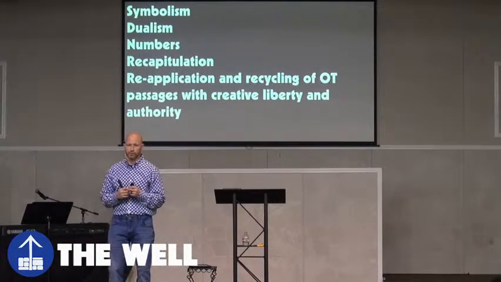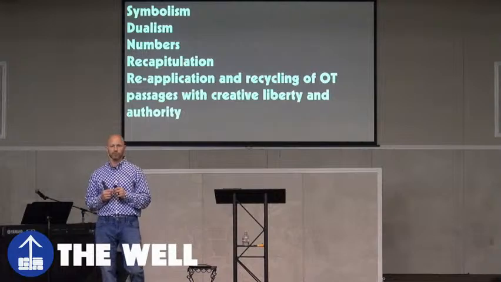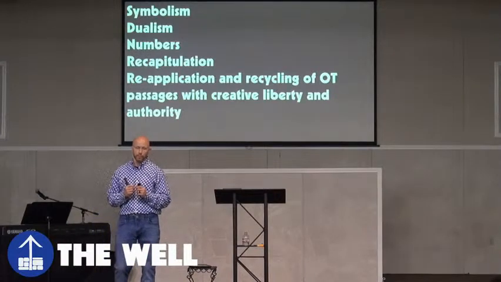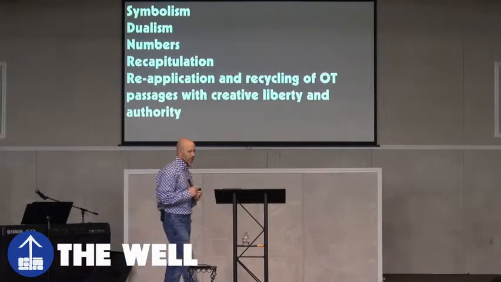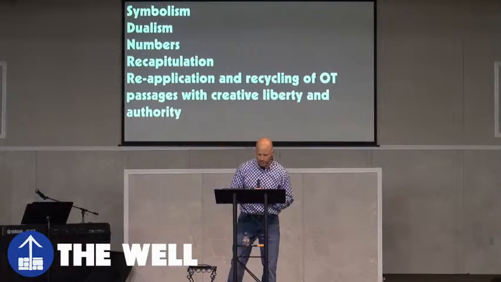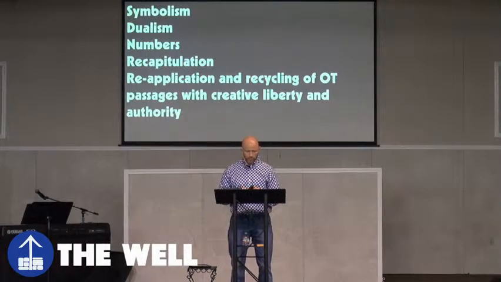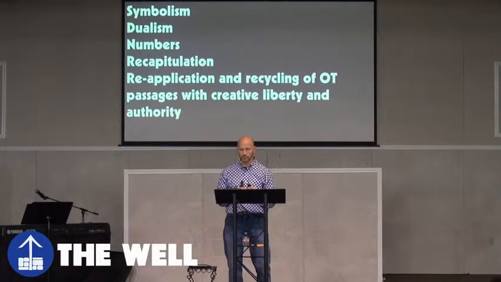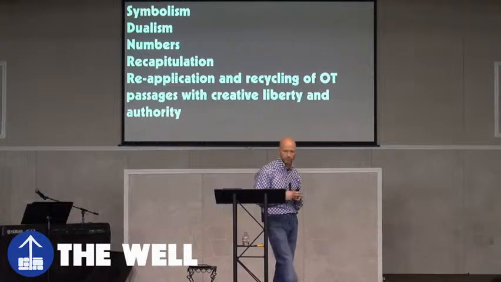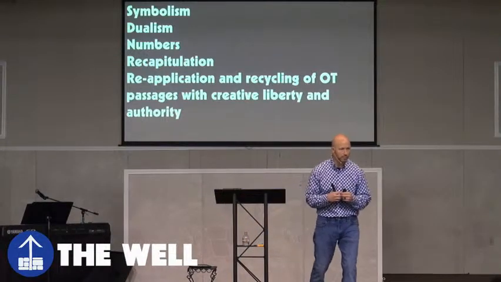And these are just a few. We'll add to this and we'll unpack each of these. But some unique literary features that we see in Revelation, and the first one is intimately linked to the genre, and that is symbolism.